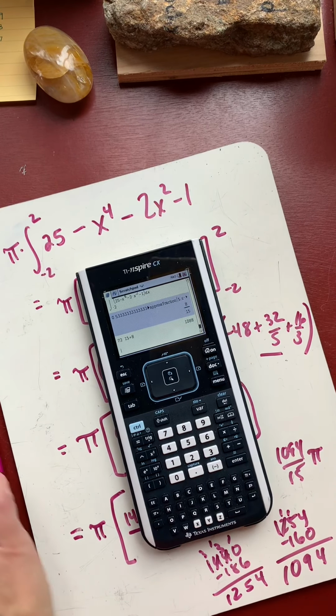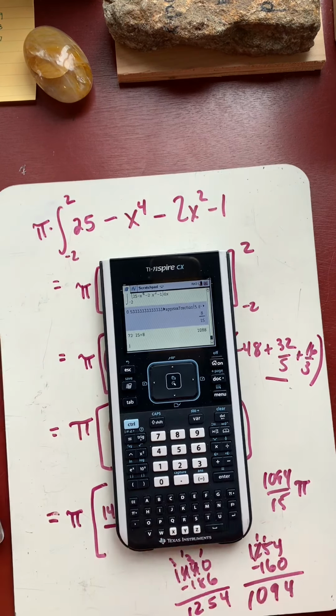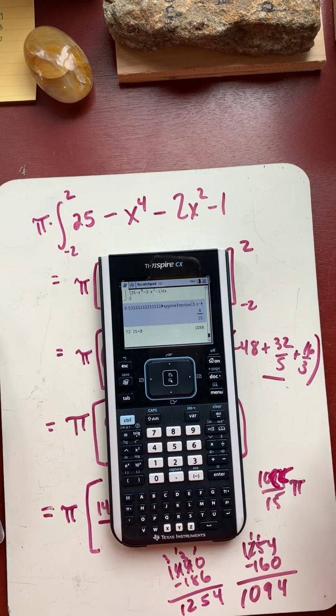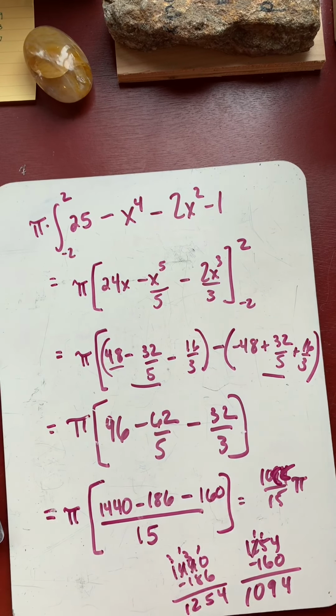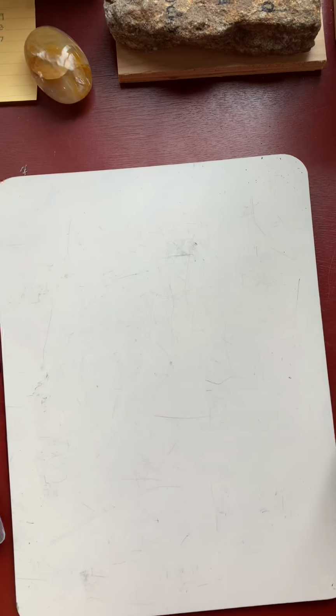Let's try that in. Yay! Sorry, it was 1088/15. So somewhere I made a small mathematical error. I don't care. That's one problem. Yay! We got through one. I've only been filming for 15 minutes. That's ridiculous. All right, go to the next question.